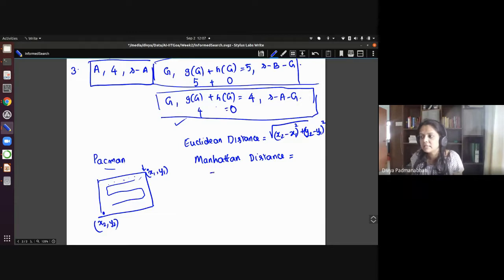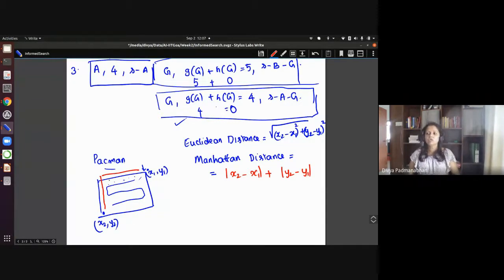Now, Manhattan distance tells you how far it would be if you traveled along this path. So instead of jumping directly along the straight line, if you went all the way till this end and jumped down, what is the distance? This would be the absolute value of x2 minus x1, plus the absolute value of y2 minus y1. So that is this length.